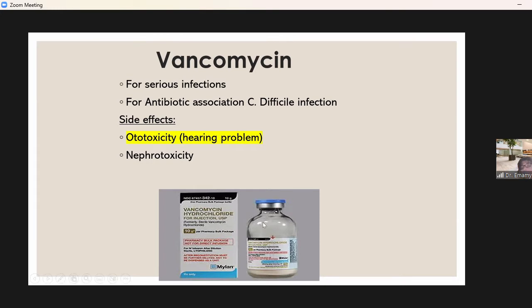You just slow down the rate of infusion. Two important adverse effects, in fact, would be ototoxicity and nephrotoxicity. So if the patient takes vancomycin, you need to ask your patient to report any hearing problem and check the patient's BUN and creatinine every other day to make sure the patient is not developing nephrotoxicity.